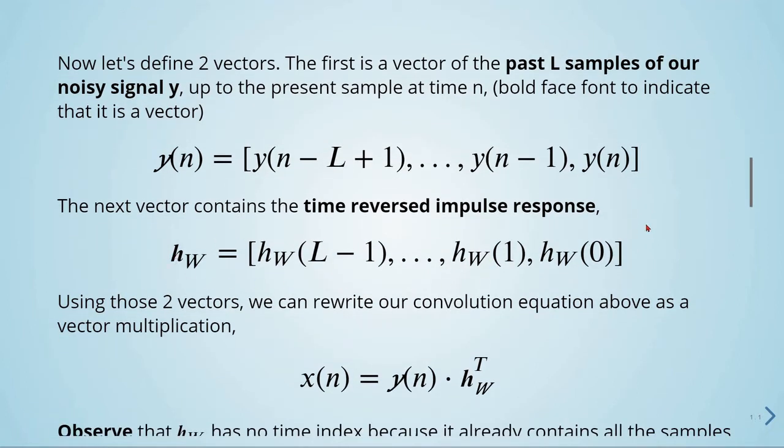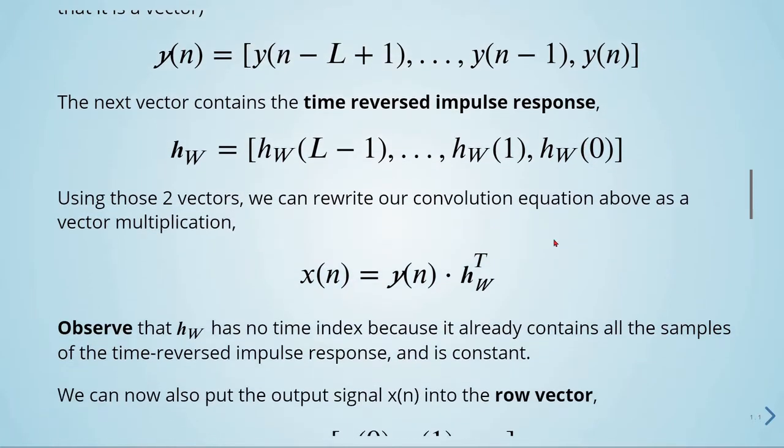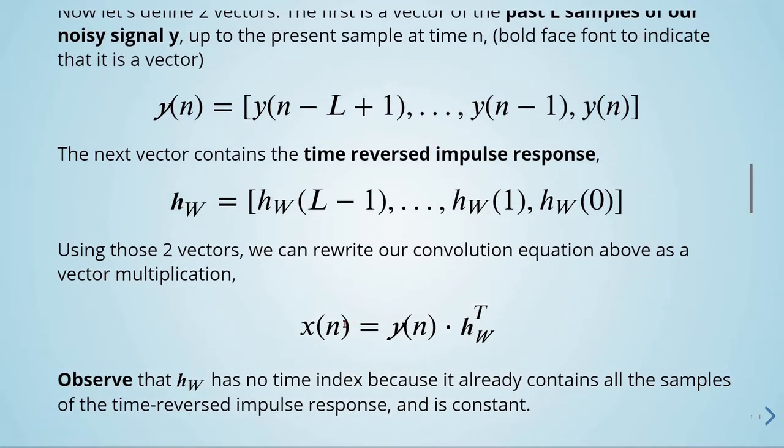Using those two vectors, we can rewrite our convolution equation as a vector multiplication: x of n is equal to y of n, the vector we constructed here, multiplied by this vector, the time-reversed impulse response.